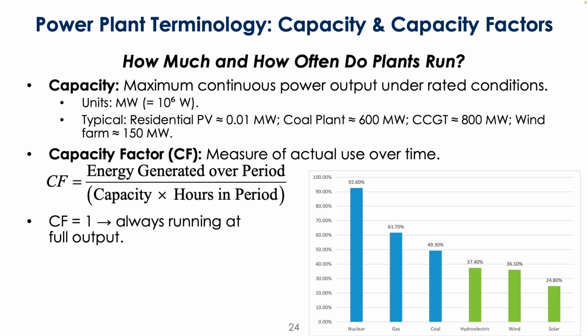Even if you have a 1 gigawatt nuclear plant compared to a 1 gigawatt solar farm, the capacity of those two power generation facilities is the same, but the actual amount of energy that they'll produce over the year is different because they're on less. Okay, and so wind is typically in the mid-30s% on average, and solar is about 20 to 25% on average for capacity factor.